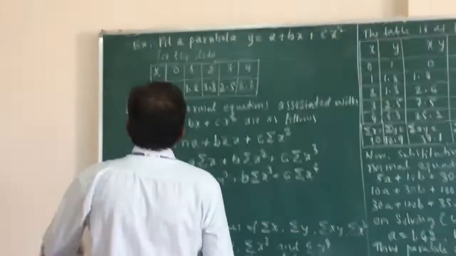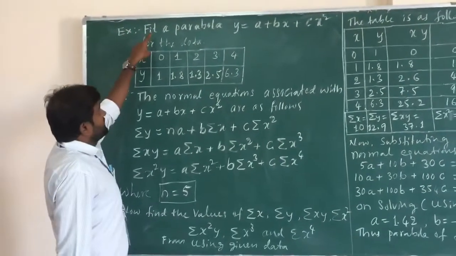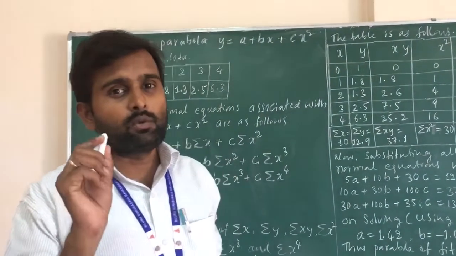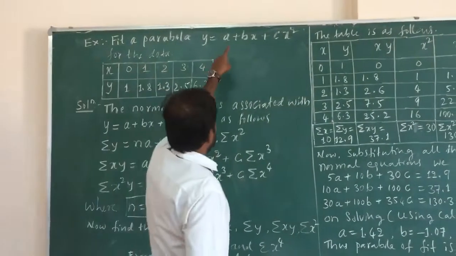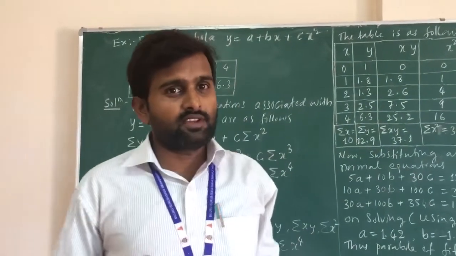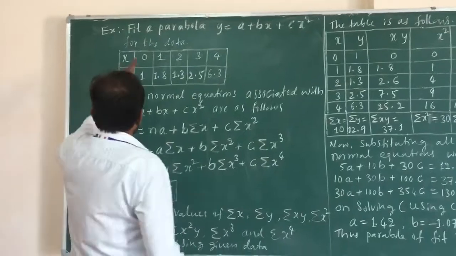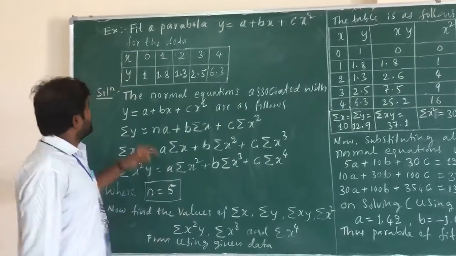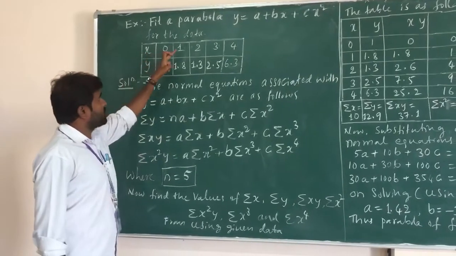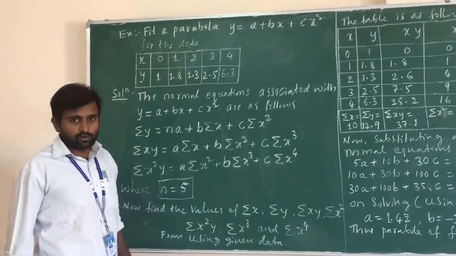Now here the example is: fit a parabola y equal to a plus bx plus c into x square, right? For the following data. Same example. Again we have some data. X is 0, 1, 2, 3 and 4.